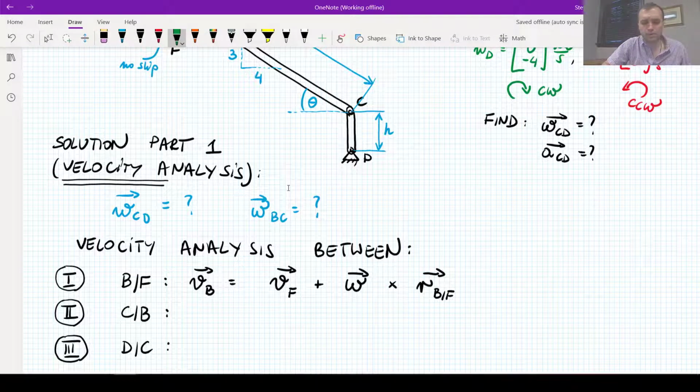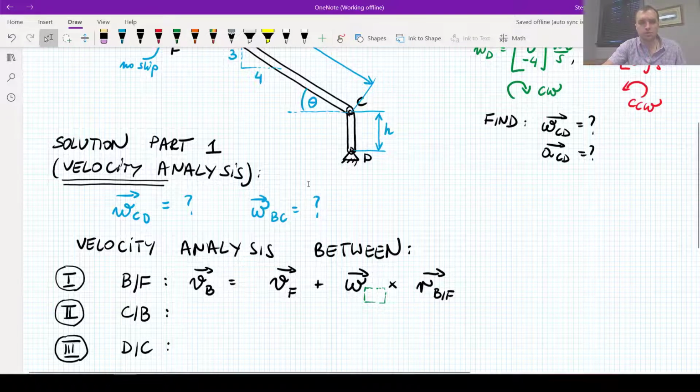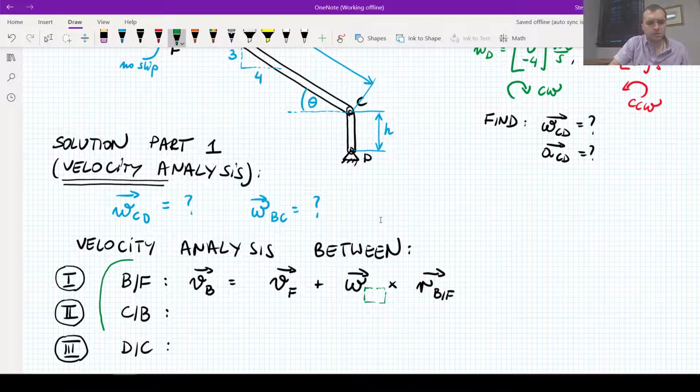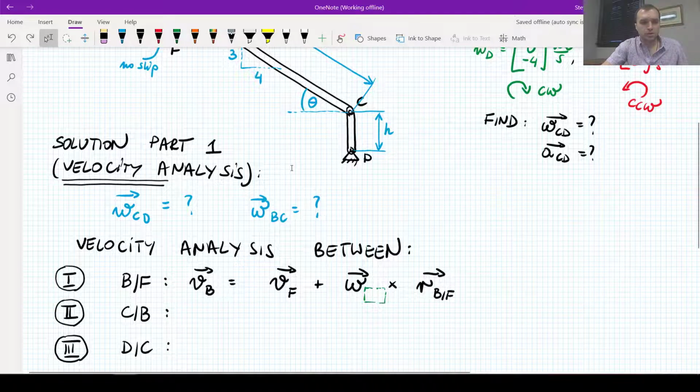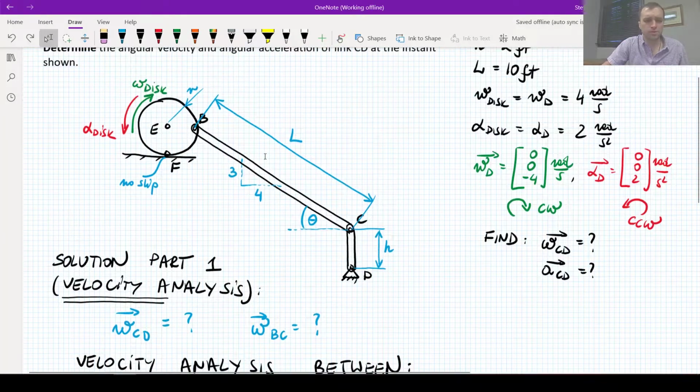Of course, in a couple of seconds, I will ask you to pause the video and think omega of which body is in this expression. And also, let's maybe put these dependencies between these three pairs of points in the picture. So we are going to analyze such linkage. So we will start from B with respect to F. So it would be this vector.